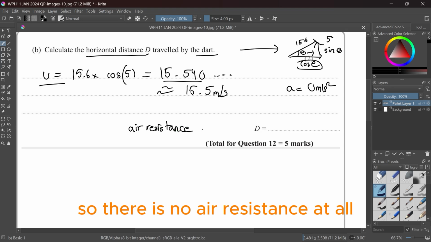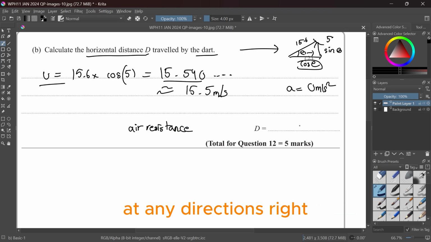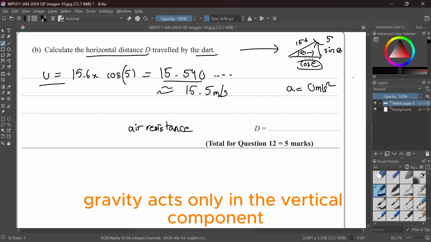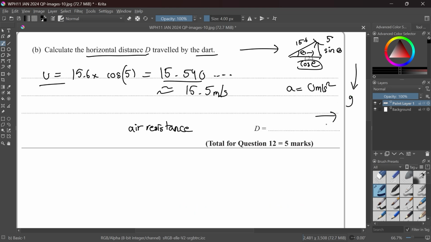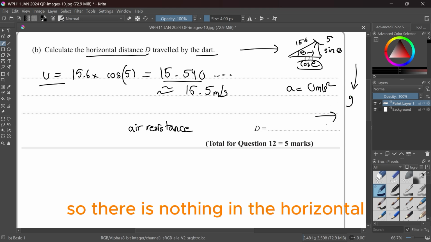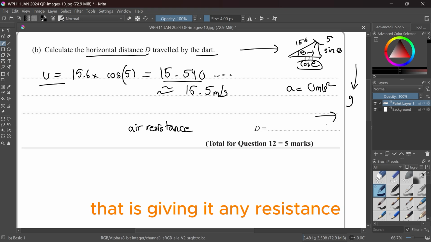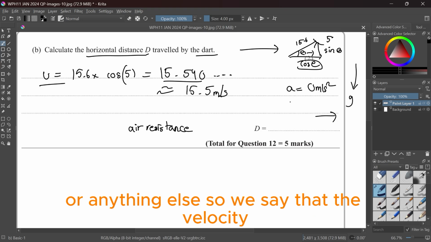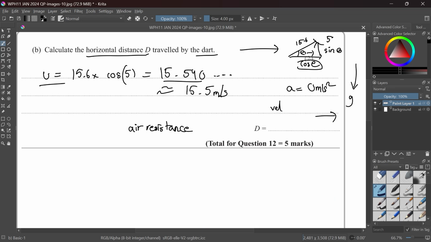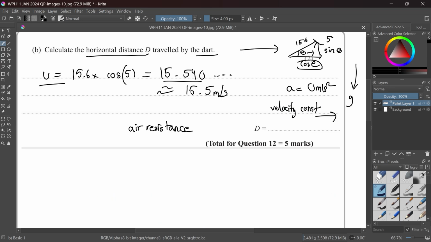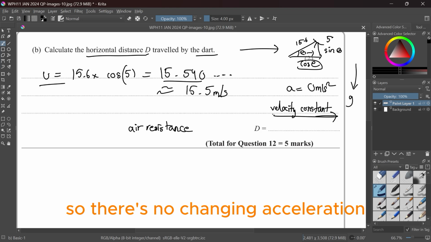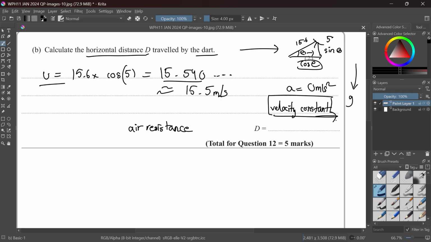So there is no air resistance at all in any direction, and gravity acts only in the vertical component, not the horizontal component. So there's nothing in the horizontal that is giving it any resistance. So if acceleration is 0, the velocity is constant. There's no changing acceleration.